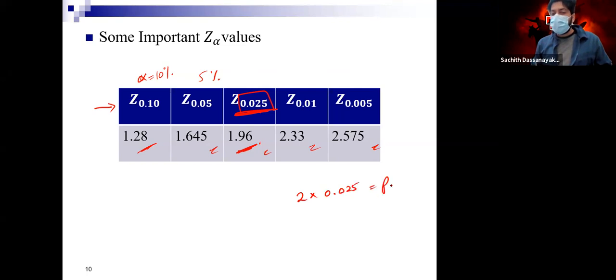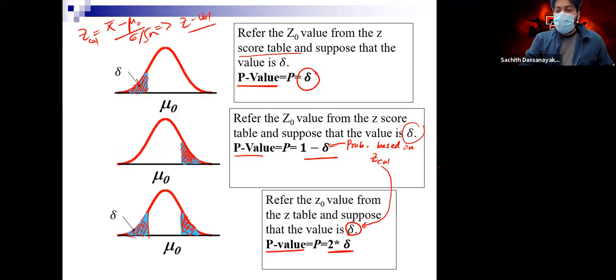This is your p value. Clear? That's the example. If, for example, according to this case, you find out your delta is 0.025, then your p value you can calculate using this one, equals 2 times delta.